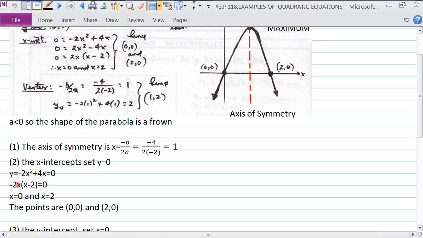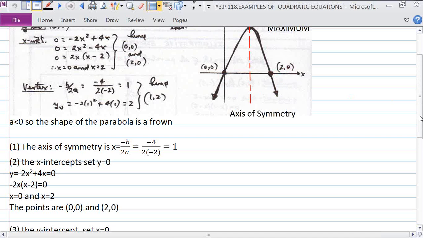So if I set minus 2x equal to 0, x is equal to 0. If I set x minus 2 equal to 0, x is equal to 2. So the two intercepts are 0 and 2, and of course the y values are 0. So here, 0, 0, and 2, 0.